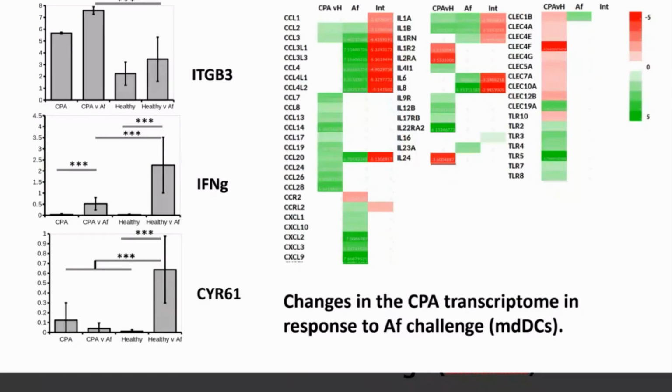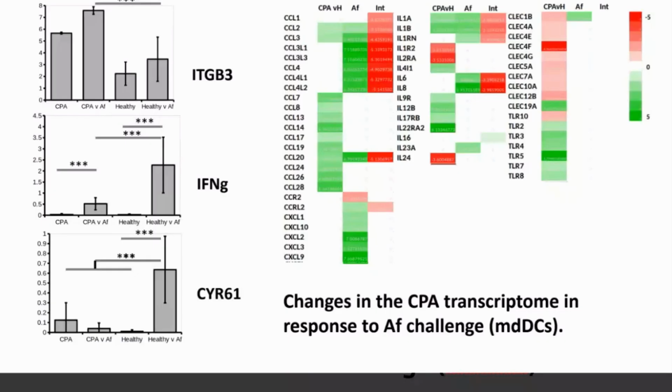When you challenge the cells of a healthy individual with Aspergillus fumigatus, and you just grow them in a dish and add some fungus to them and watch what happens, this is the protein that increases in amount 10,000-fold. It's the highest increase in any protein in the lung during infection.